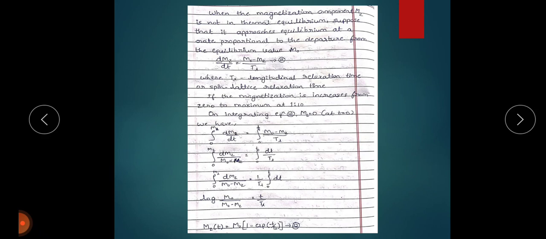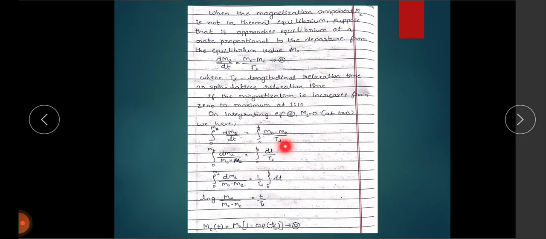So the integration from 0 to Mz of dMz, with respect to the time coordinate, has limits 0 to t, where 0 is the lower limit and t is the upper limit. So the right-hand side becomes integration from 0 to t of (M0 minus Mz) divided by T1.